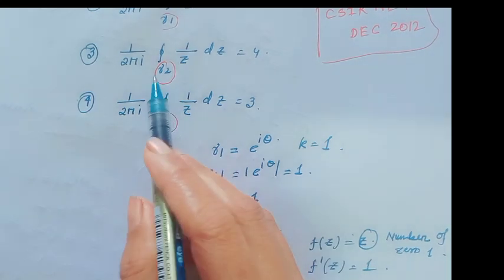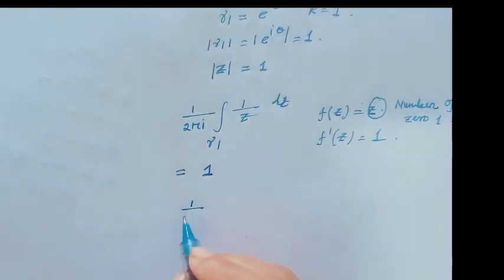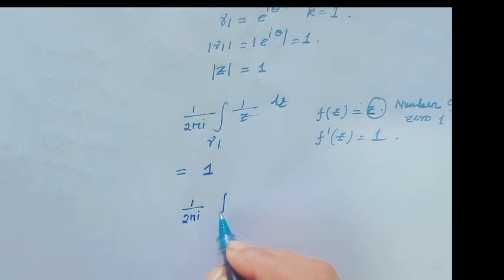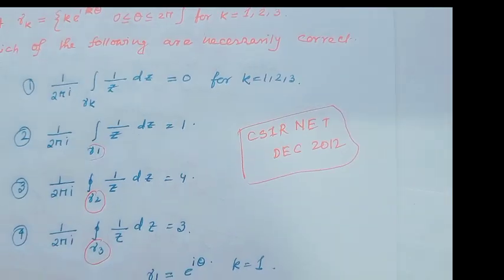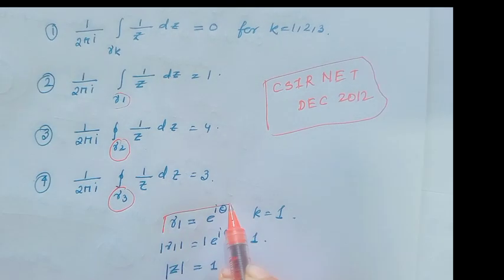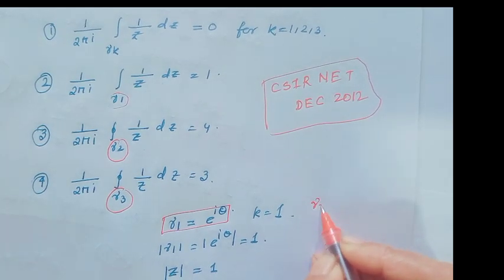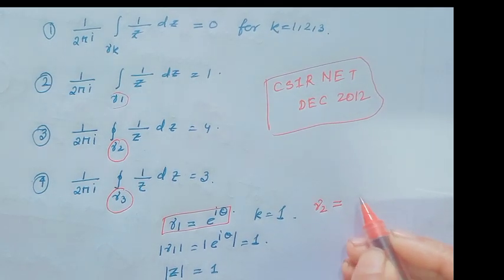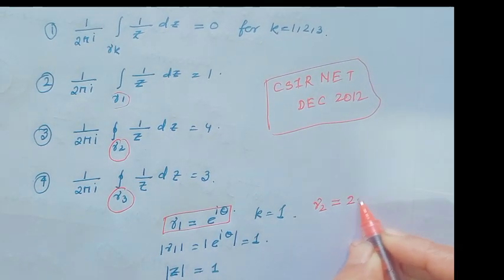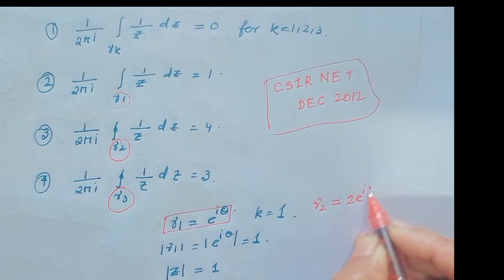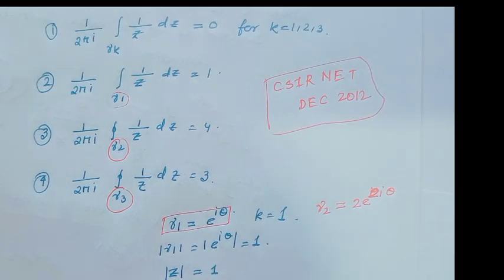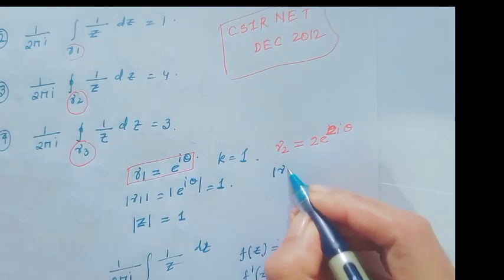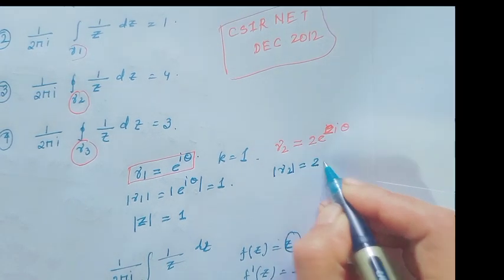Next, 1 over 2 pi i with respect to gamma 2. Here gamma 1 equals e to the power i theta. Then gamma 2 would be, since k e to the power i k theta, this would be 2 e to the power 2 i theta. Then modulus of gamma 2 is 2.